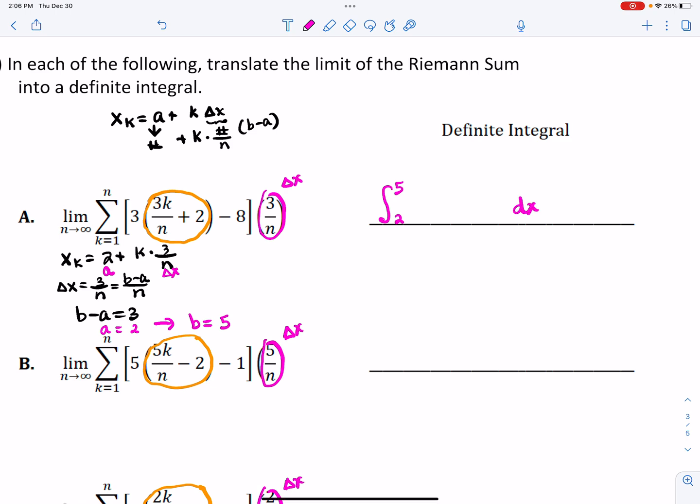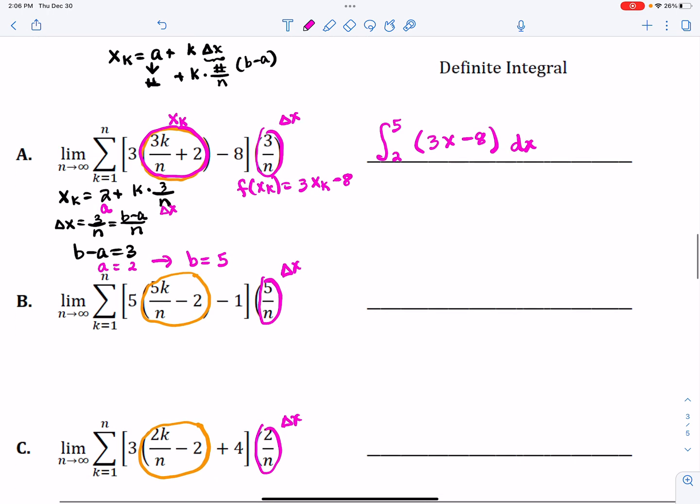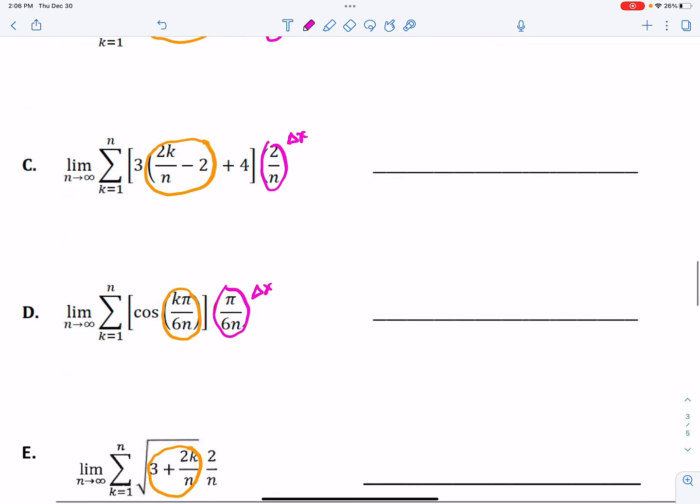So f of x sub k is whatever's going outside. The operation's going outside of x sub k. So if this whole piece is x sub k, it looks like f of x sub k is 3 times x sub k minus 8. And that is our function, 3x minus 8. And that would be the definite integral that would represent it. Let's try C.